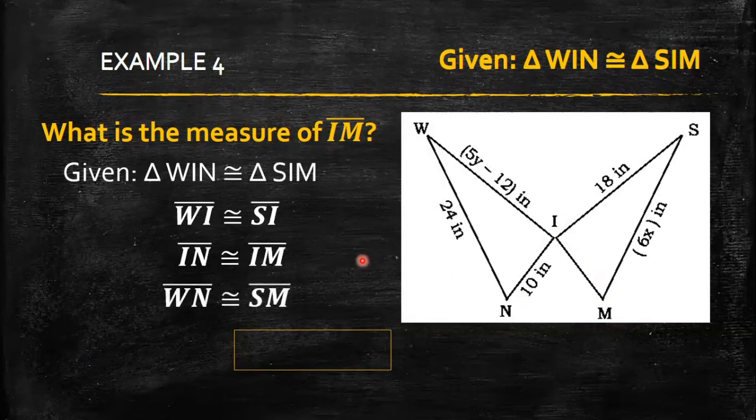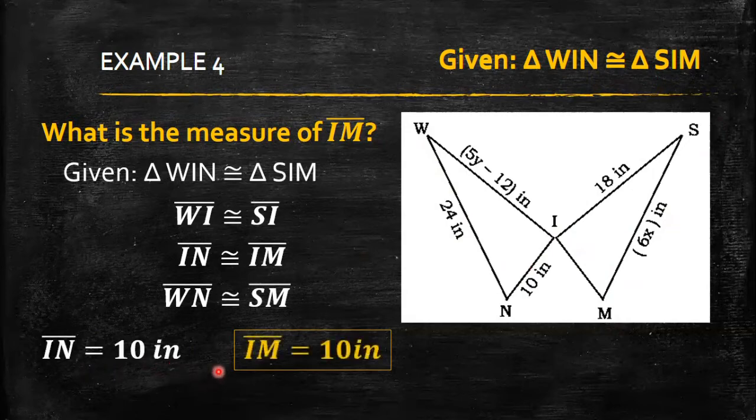At si segment WN ay congruent kay segment SM. So, dahil si IN ay congruent kay IM, therefore, ang sukat ni IN ay 10 inches. Dahil congruent sila ni IM, 10 inches din ang measure ni segment IM.